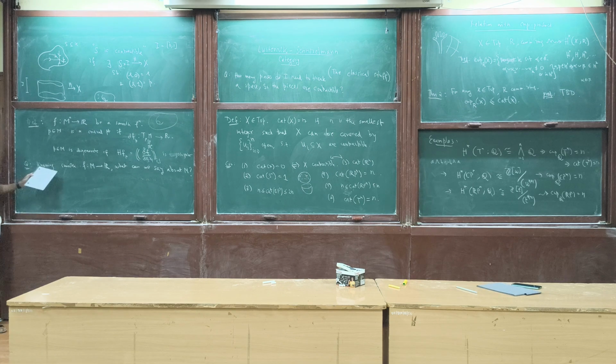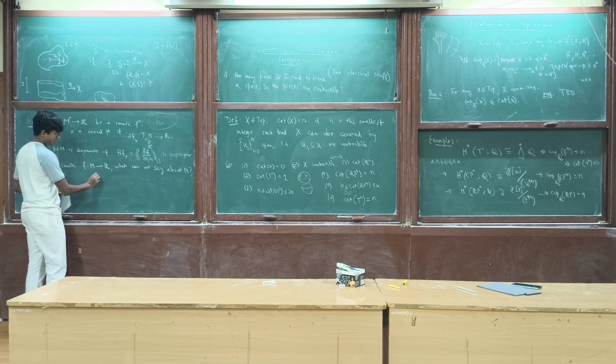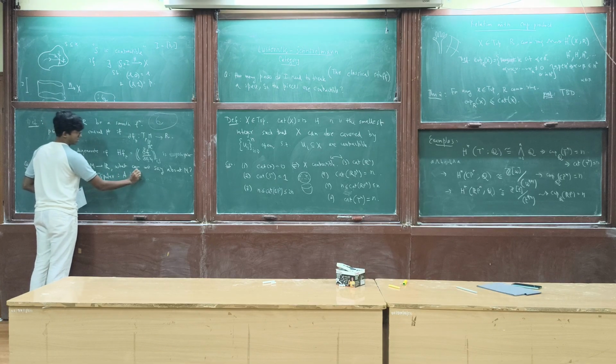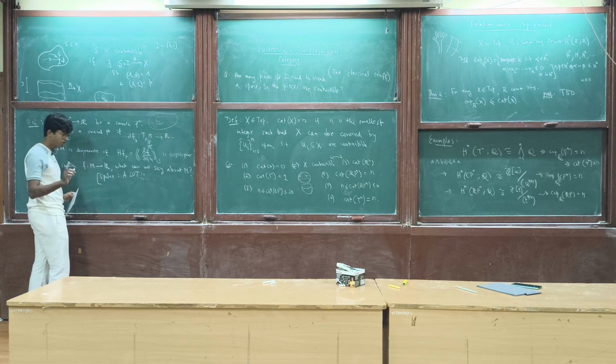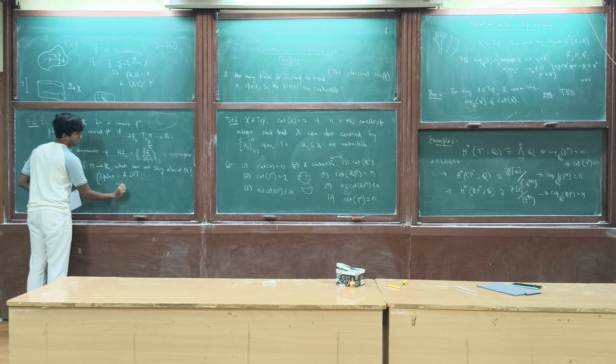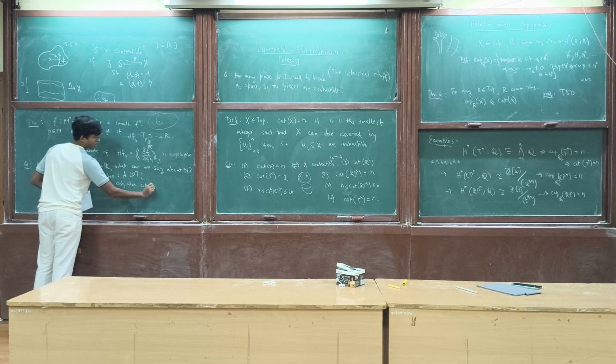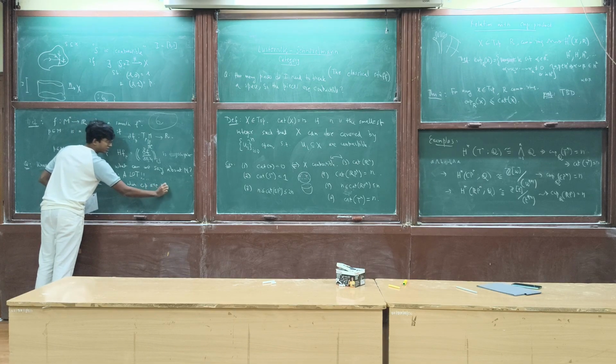Given a smooth function on the manifold, can we recover information about the manifold itself? And the spoiler is: a lot, but only when the critical points are non-degenerate.